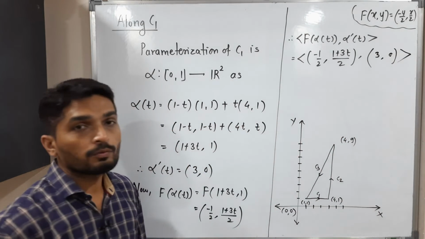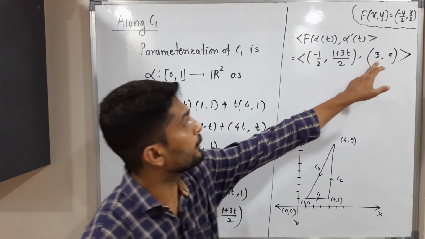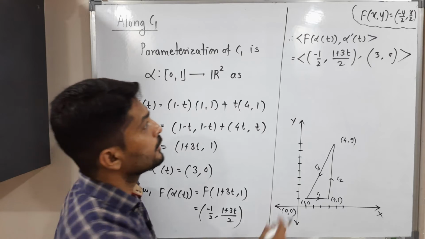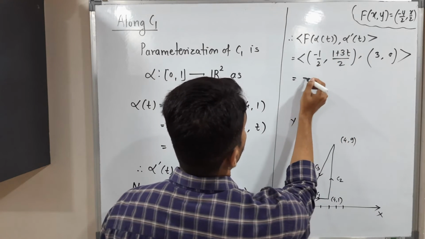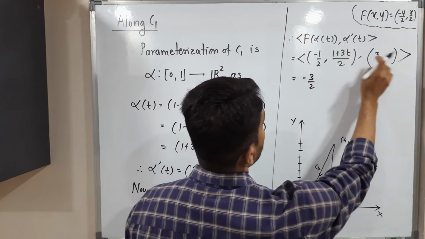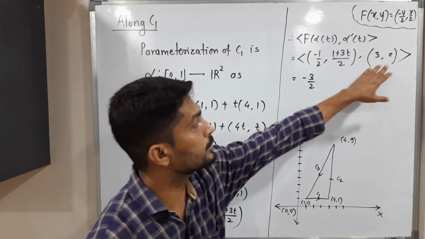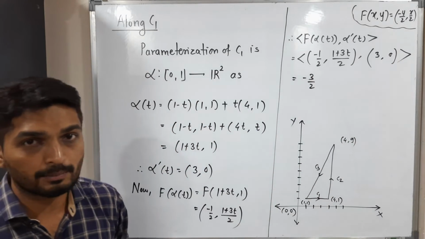You know how to find the inner product: the first component times the first component plus the second component times the second component. So 3 times minus 1 by 2 gives minus 3 by 2, and 0 times anything is always 0. So its value is minus 3 by 2.